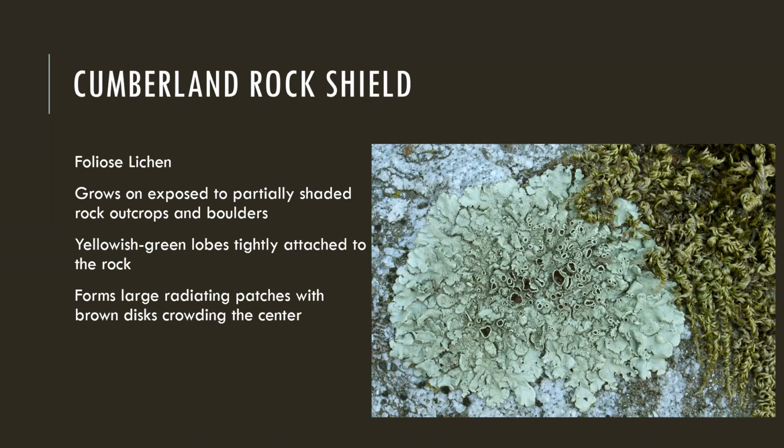I've seen multiple ones growing on top of one another. It's kind of flat against the substrate that it grows on, like a crustose, but the very edges of these lobes are not attached. So there is that space between the substrate and the lichen.